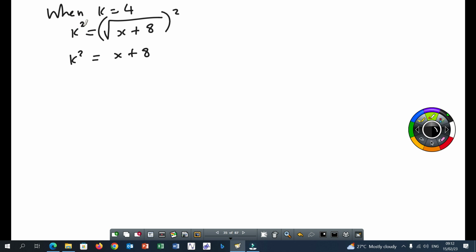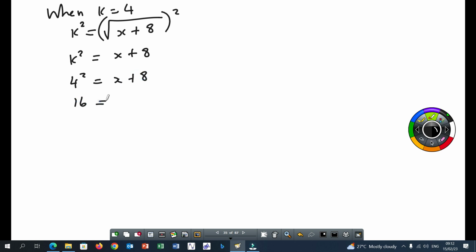Right? So that, now please take note, you have to square both sides. Isn't that correct? Yes, sir. Then I'm going to substitute my k, so that will be 4 squared equal to x plus 8.